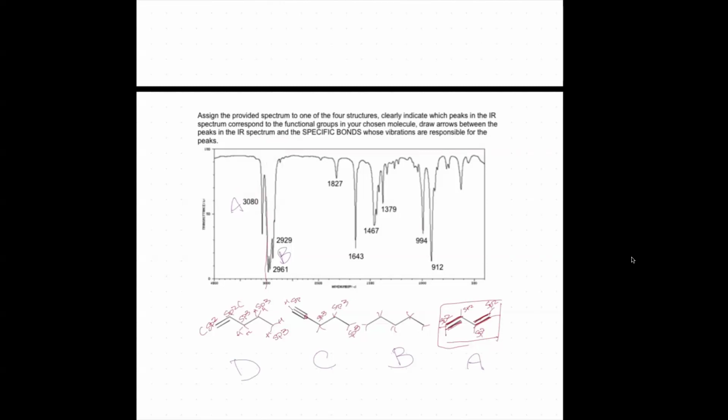Then I don't know if it's 1827 or 1643, but I would say the next one is going to be C, because a triple bond is a stronger bond than a double.